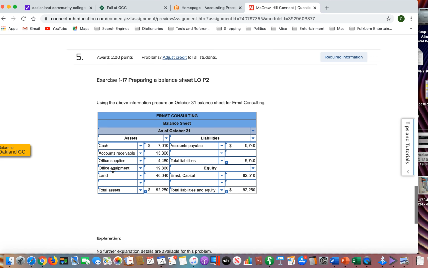You could have building. We got equipment, supplies here. You could have prepaid items, which we'll get to later. So keep all of this in mind, folks.